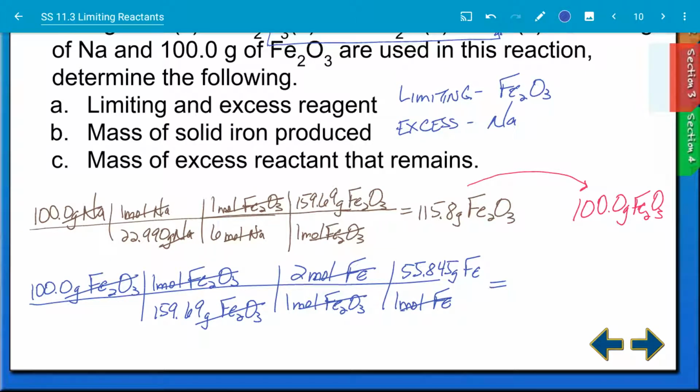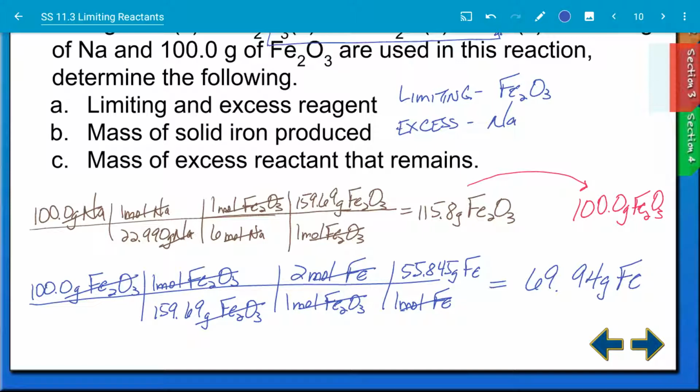So I can say 100 divided by 159.69. Multiply that by 2. Multiply that by 55.845. That gives me 69.94 grams of iron is how much solid iron will be produced.